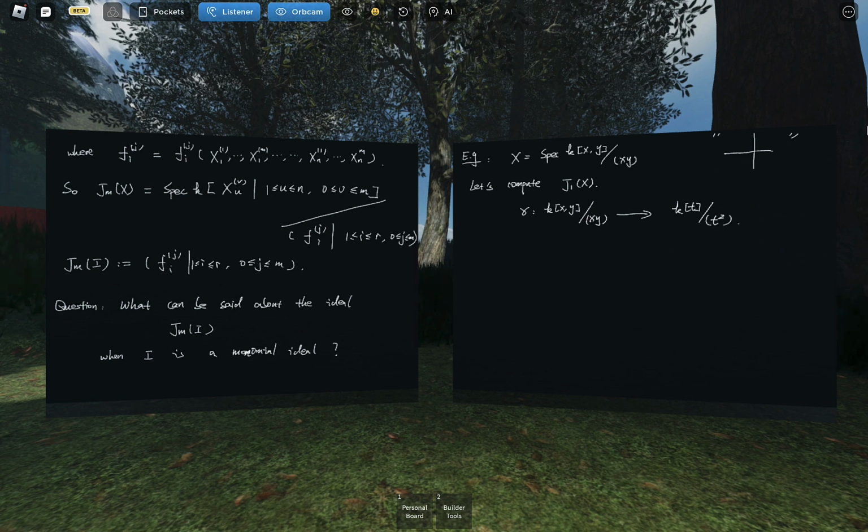So this is determined by where we send x and y to. So x goes to x0 plus x1 t, y will go to y0 plus y1 t. And in order for it to be well defined, this product xy has to be 0 in this ring.